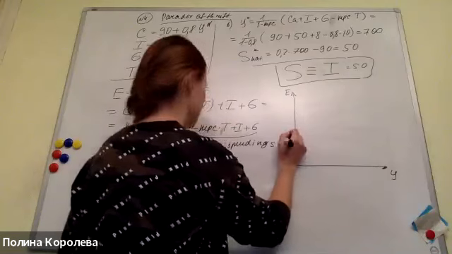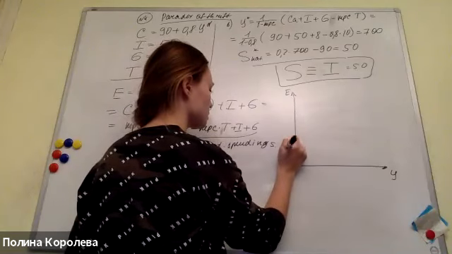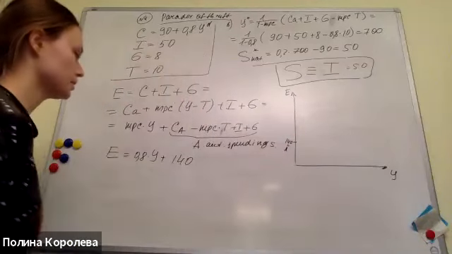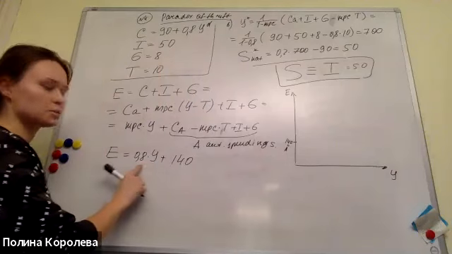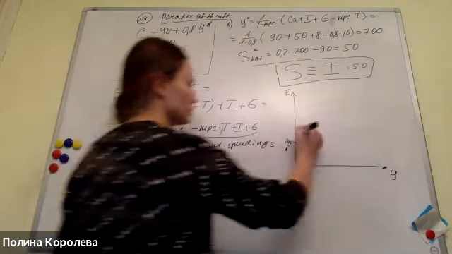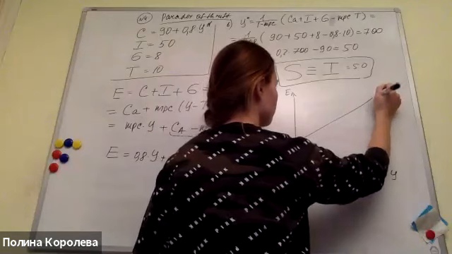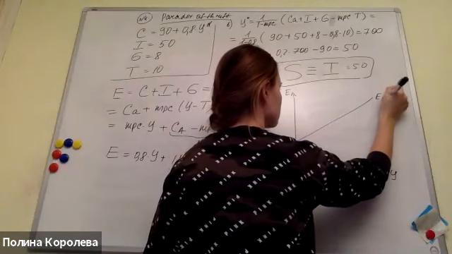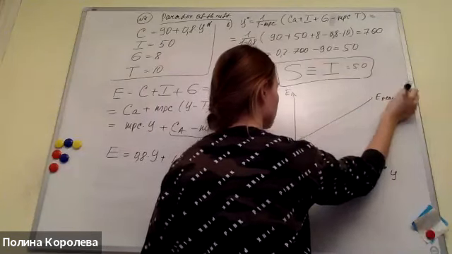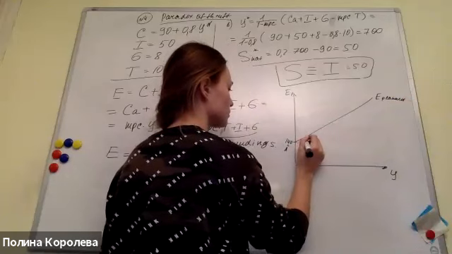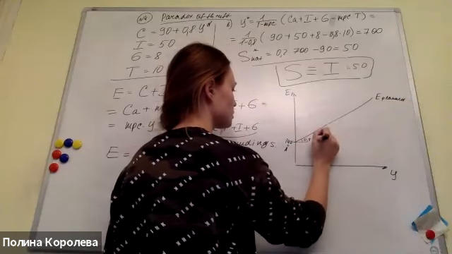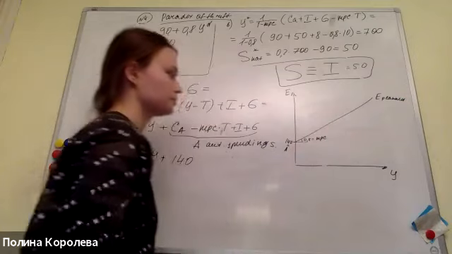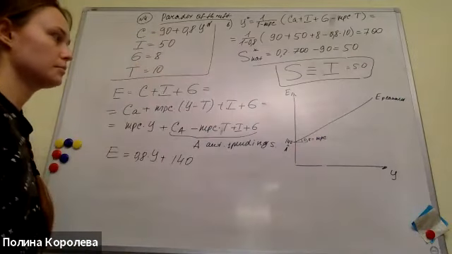We start from 140, this is our autonomous spendings, and then the slope 0.8, lower than 1. And it is equal to marginal propensity to consume. Agree?